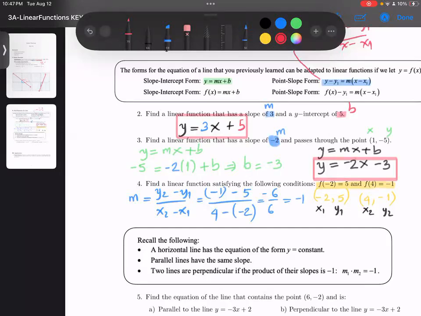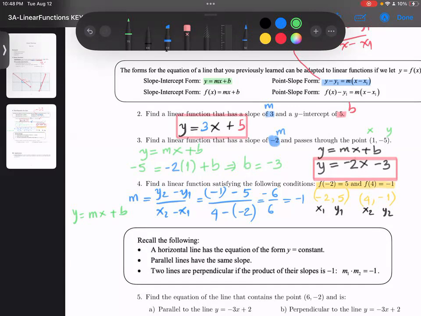Okay, now I'm going to find my b. I have m, and I can use one of those points to find my y-intercept b. So y equals mx plus b. I'm going to choose the first one, -2, 5.